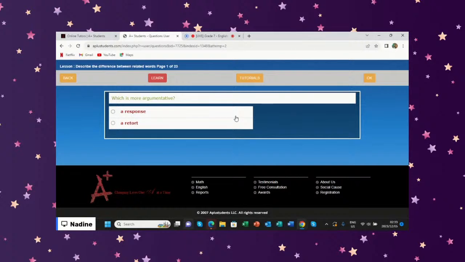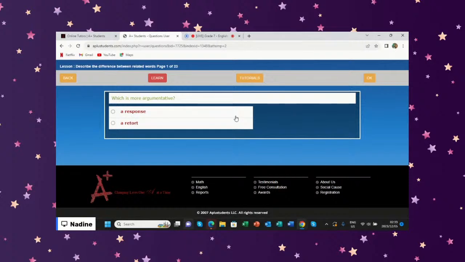If we look at the difference between these two words, a response is where you are answering something. They are asking you something and you are responding to whatever is being asked or said. But now we have a retort.